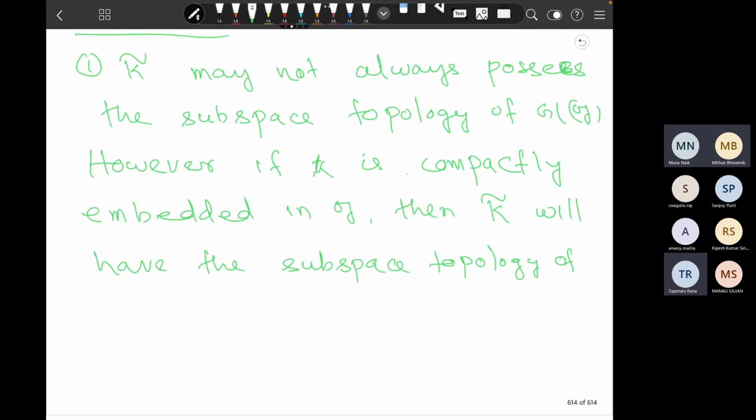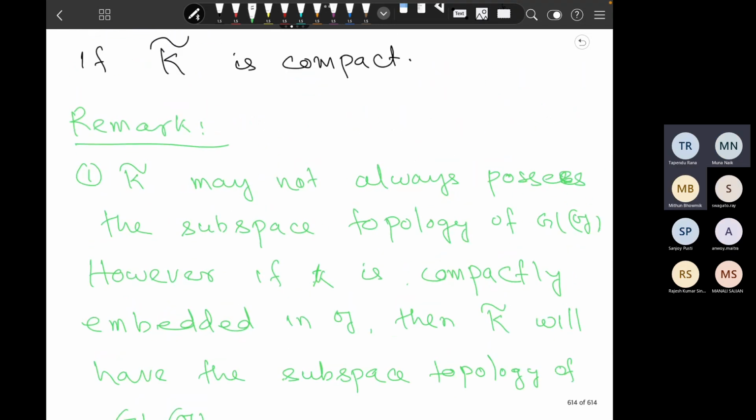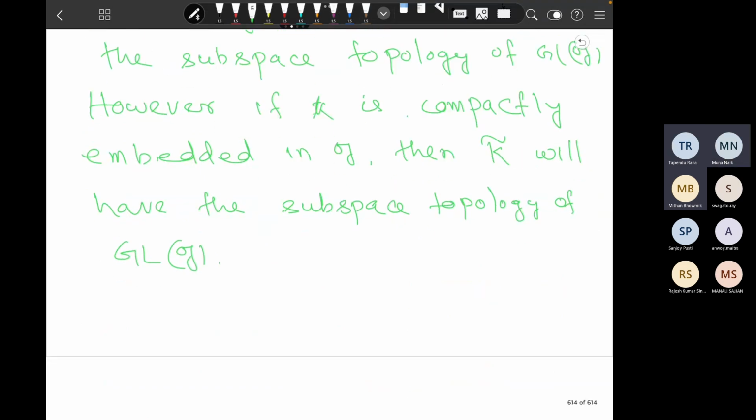So what exactly is the problem in such cases, using the subset topology, that K tilde or Int(G) may not be a Lie group, like it may not be closed? You can see an example in the Helgason exercise. You also gave an example, as in Sagar's discussion, that it may not be a closed subgroup of GL(n, C). The same problem occurs in this case also.